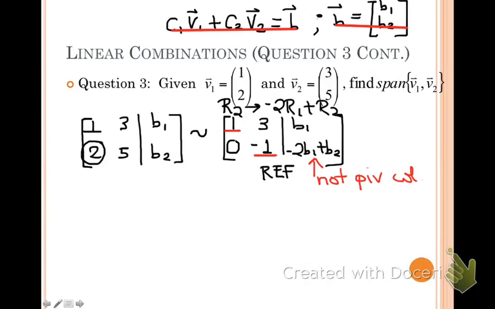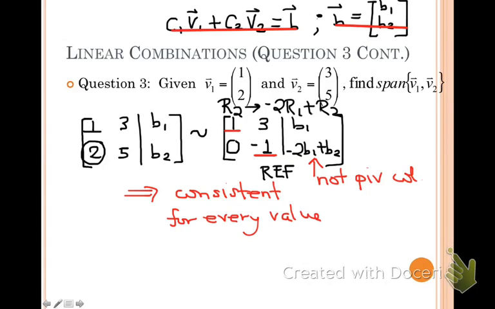Hence, we know that it is consistent. And the important thing to note is that it's consistent for every value of b1 and b2.